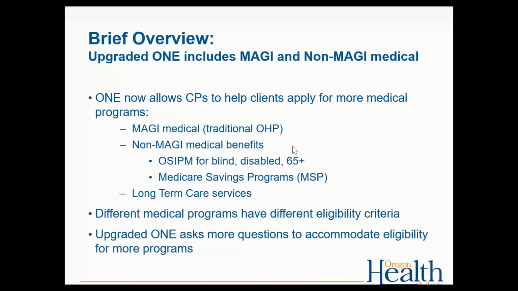So we can now help folks with MAGI medical, also known as traditional OHP, non-MAGI medical benefits, which includes OSIP-M for blind, disabled, 65 plus, as well as those Medicare savings programs. And also we can start the process to look into getting folks long-term care services within the application.